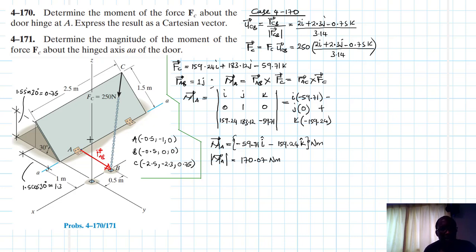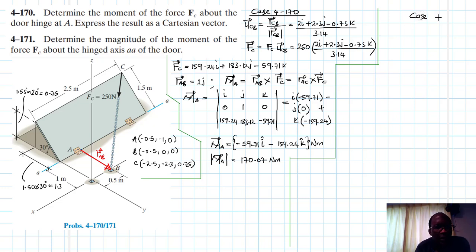Now we are being asked to do the second case, which is case 4-171. And we are being asked here to find the magnitude of the moment of the force Fc about the hinged axis AA.